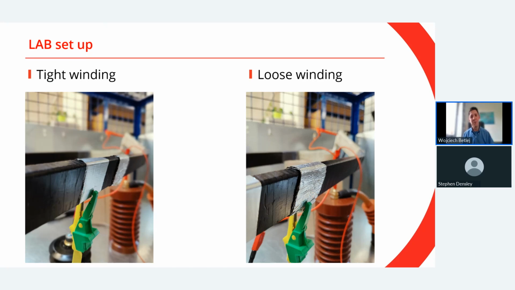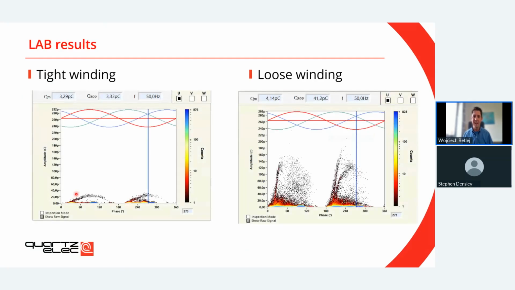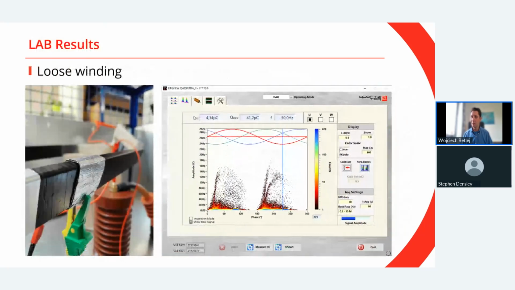Then obviously we tested for the presence of PD. What you see here on the left-hand side is the PD test when the winding was tight in the slot. On the right-hand side, you can see exactly the same shape as we have seen in the SIGRE report that represents PD in the slot section. So let's look closely.